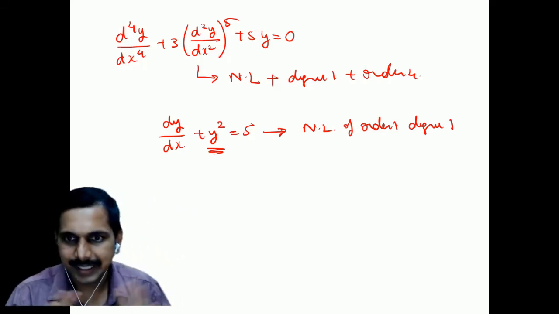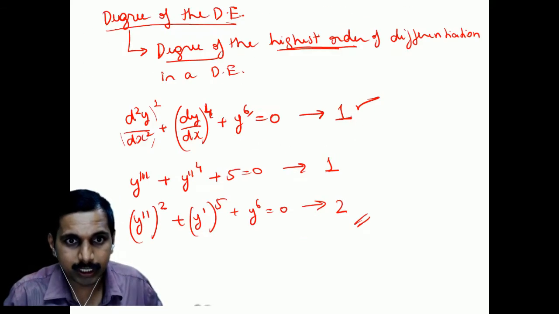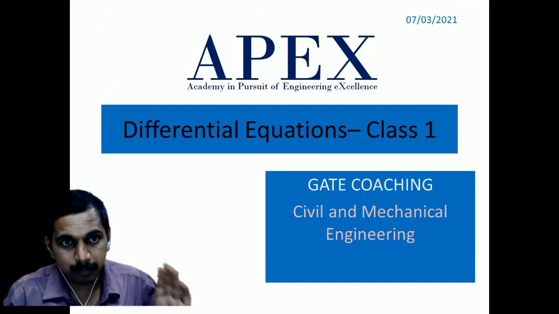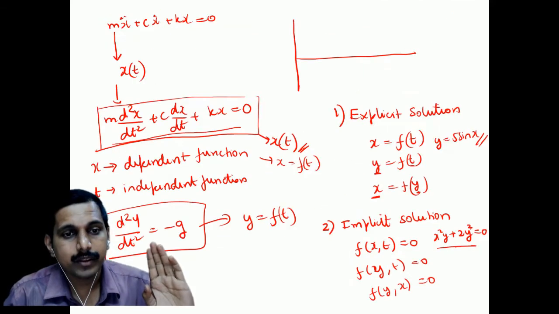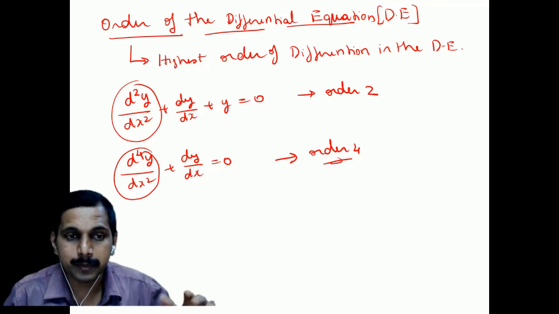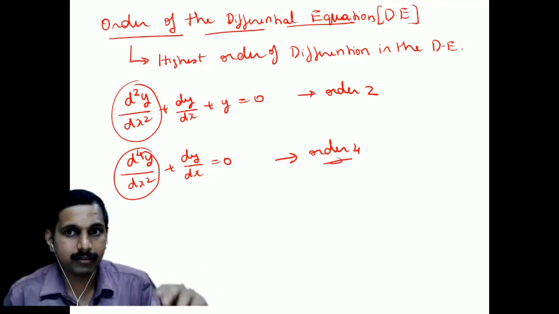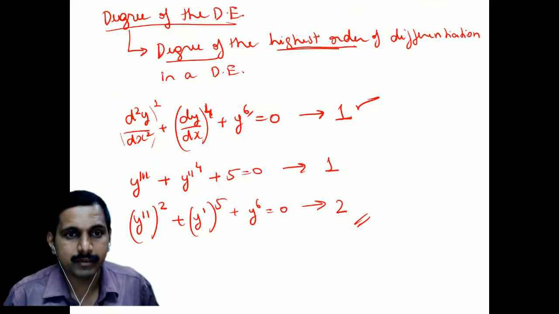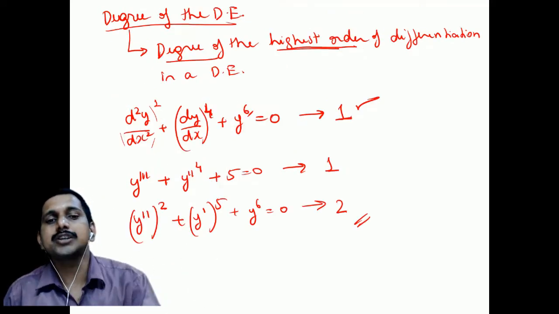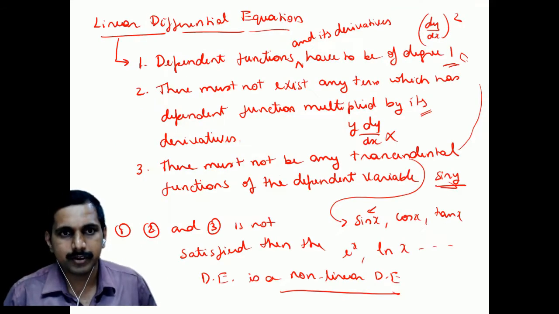That's done. No doubts here, right? So what did we do till now? We saw the importance of differential equations. Then we saw what is meant by order of the differential equation. The highest order of differentiation in the differential equation is the order of the differential equation. The degree of the highest order of differentiation is the degree of the differential equation.